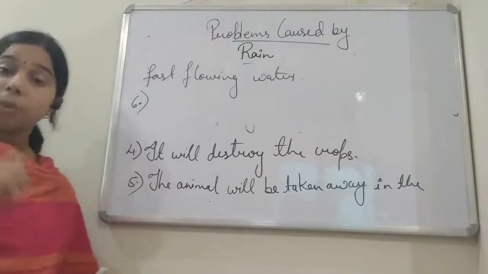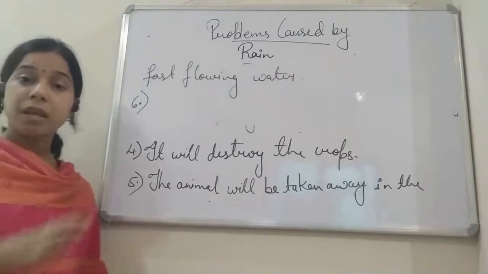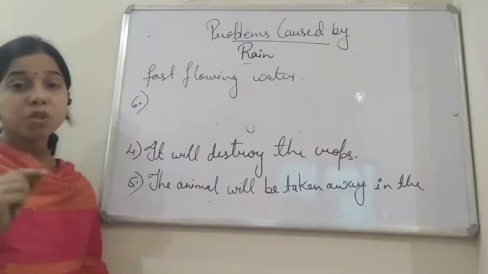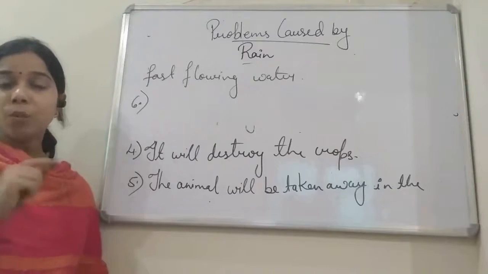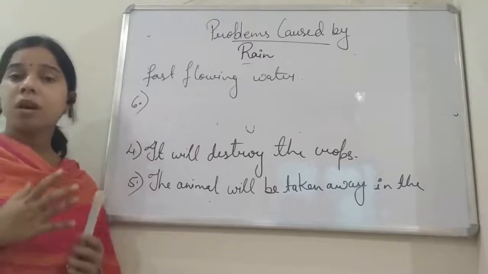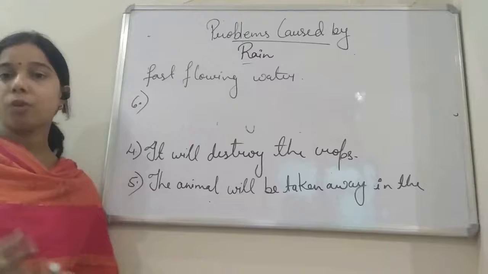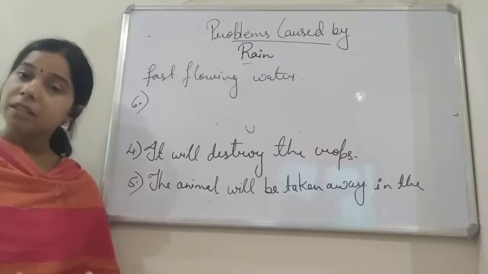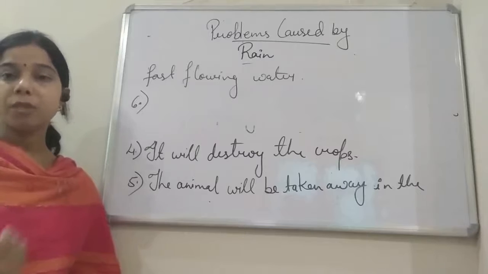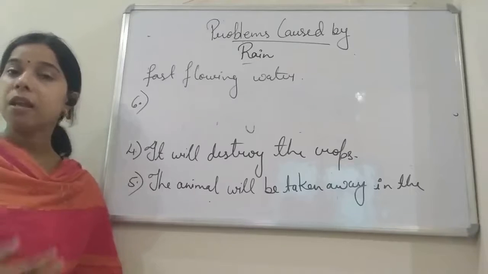Now, when the heavy rainfall happens, the soil will be totally filled with water. So the pores present in the soil will be filled by the water, students, and there will be no space for the oxygen. And thus, if no oxygen is available to the animals living under the soil, they will die.